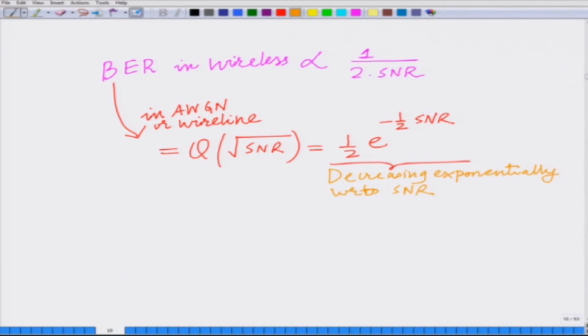So, wireless communication systems have a very high bit error rate because of the sluggish decrease in the bit error rate versus SNR. In order to achieve the same bit error rate in a wireless communication system, you need a huge amount of extra transmit power, that is at 10 to the power of minus 6 bit error rate for BPSK, you need approximately 43 dB more transmitted power.